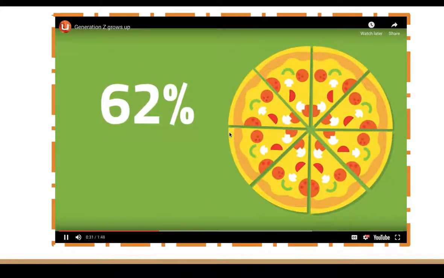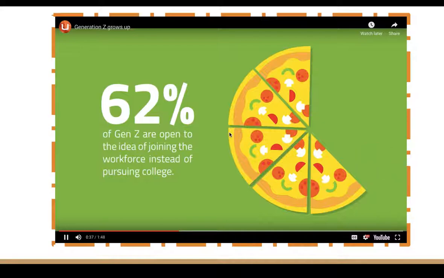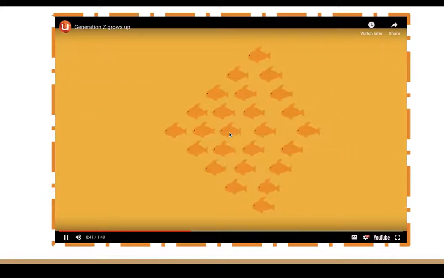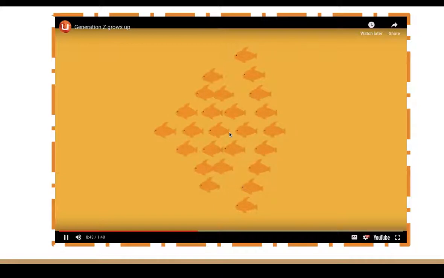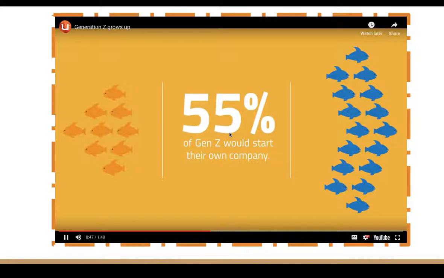More than half of Gen Z are open to joining the workforce straight out of high school to avoid crippling student loan debt if companies are willing to educate them. Being digital natives and growing up with successful startups, 55% of Gen Z are keen on starting their own company.